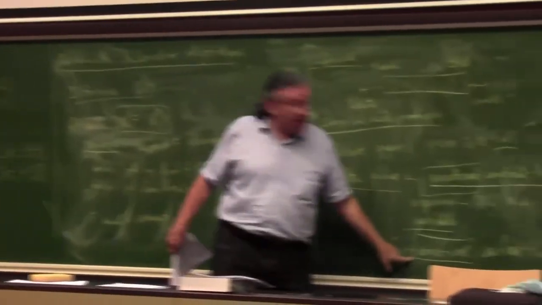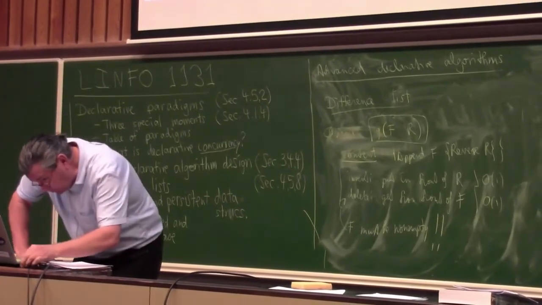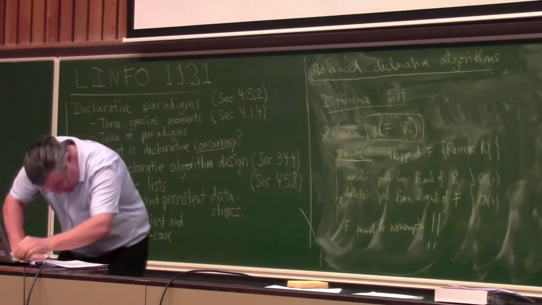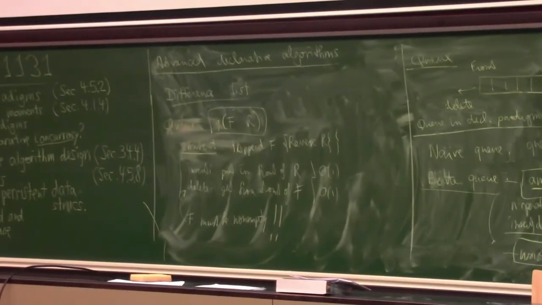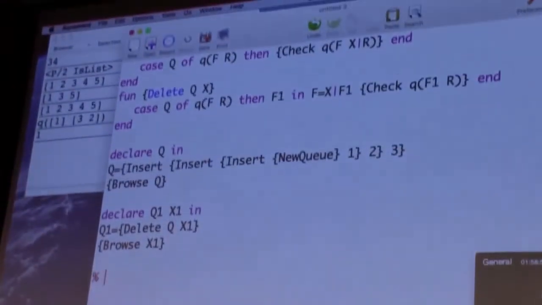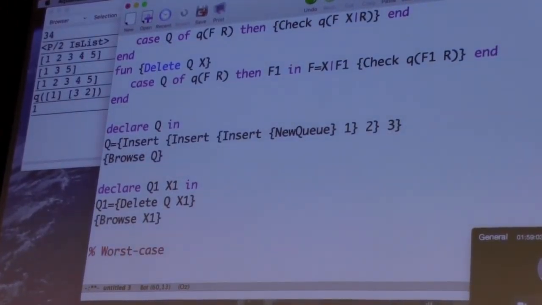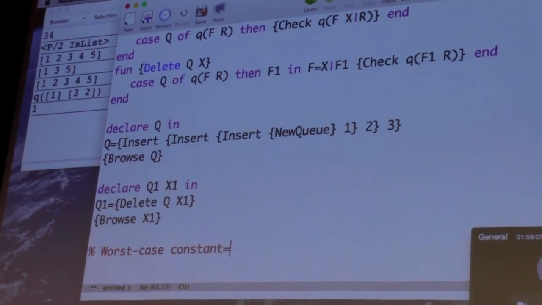I can do worst case constant time, just as good as in Java. Okay, but with the advantage that it's purely declarative. So let me show you now the worst case constant time Q.